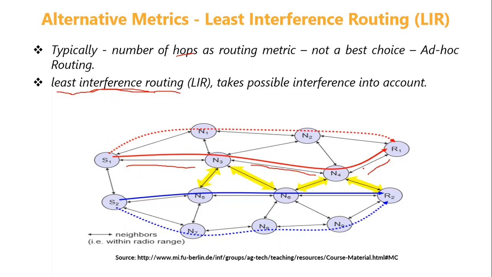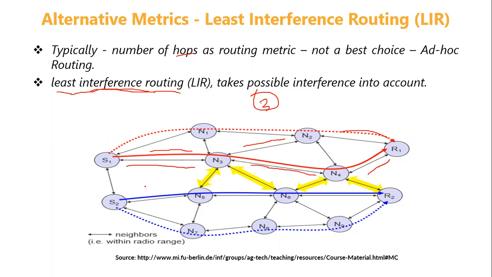Similarly, there is another path, S1 to N3, N3 to N2, and N2 to R1. Both these paths have only three hops. There is no other path with fewer than three hops. So if you use hop-based routing, any one of these paths will be considered the best path.